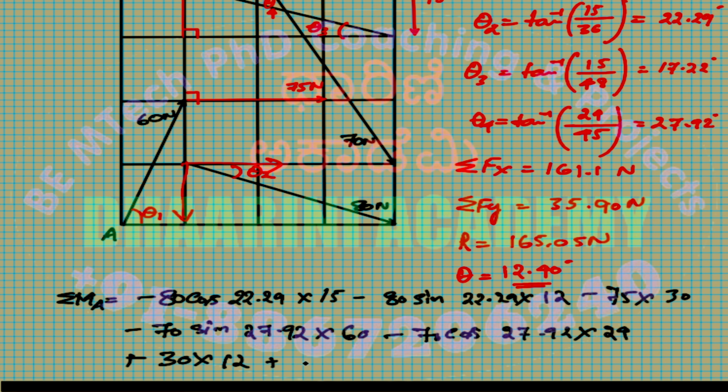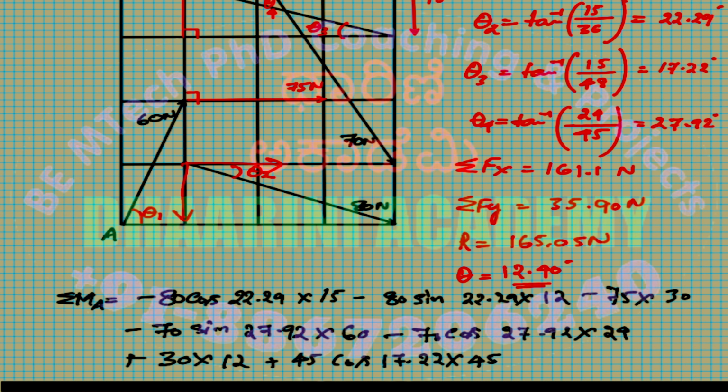So plus, the horizontal component is 45 cos theta 3. Theta 3 is 17.22 into the distance. The horizontal component will be 3 units above, so 3 units vertically is 15 into 3, 45.